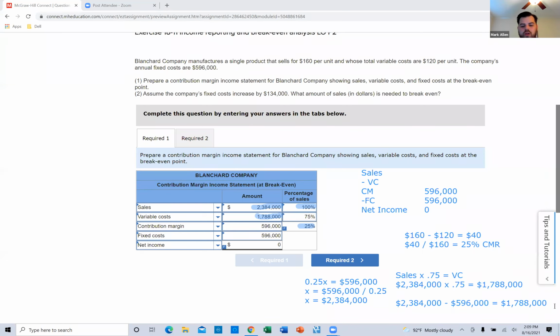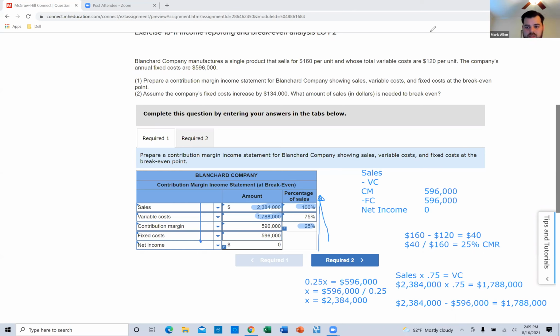I don't care that you know both methods necessarily, but do be able to do one of them, and do certainly be able to work from the bottom up as we just did. It's very intuitive for us to take a formula like this and just plug in top down, but that's not always the way you're going to be tested. It's pretty frequent for me to decide, hey, let's see if we really know how this works, and let's start at the bottom and work up with a break-even income statement. So that's the way that would work.